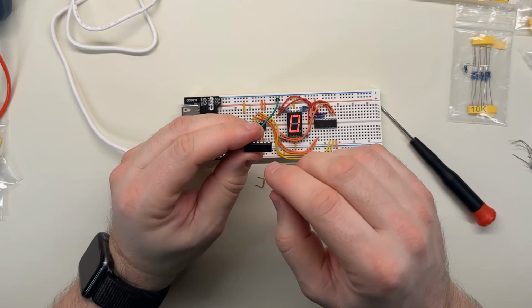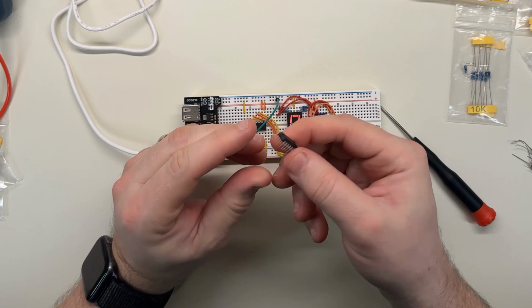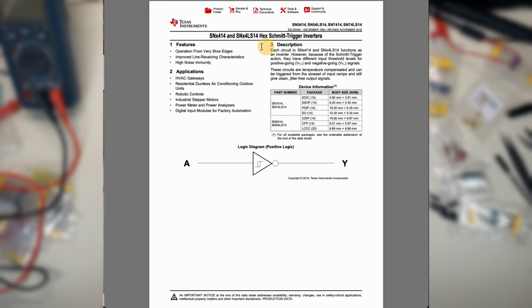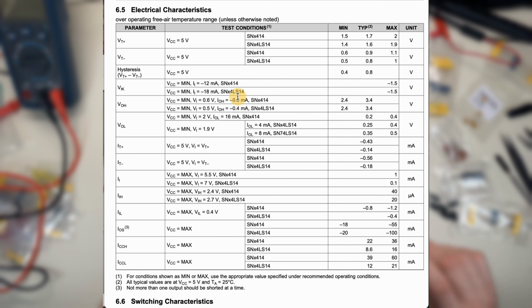Now, I couldn't find the actual datasheet for the HLF brand, which is what this chip is, but I found a Texas Instruments one, and you can see it's a hex Schmitt trigger inverter, and this datasheet is apparently for a whole bunch of chips. So it took me a little bit of guessing to figure out what all these symbols mean, but it looks like this VT+ is the upper edge, the upper trigger point for this chip, and I have this one, I believe. So at 5 volts VCC, it's around 1.6 volts.